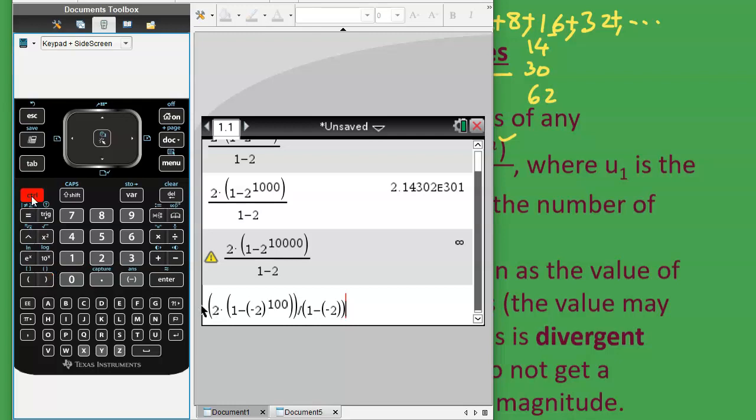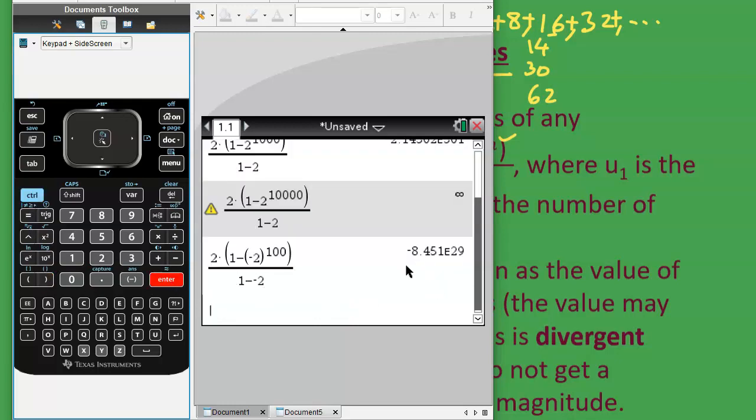What is the answer? It is negative 8.451 times 10 to the power of 29. So it is fairly a large negative number.